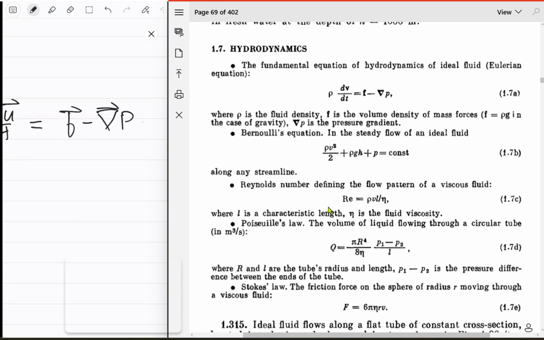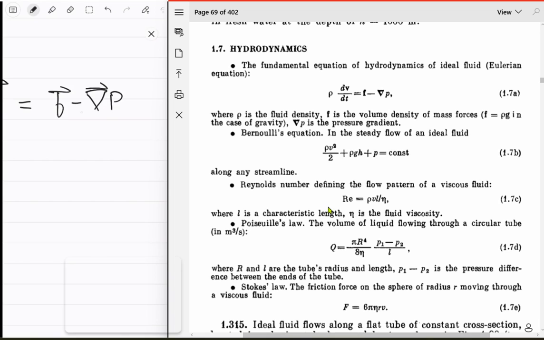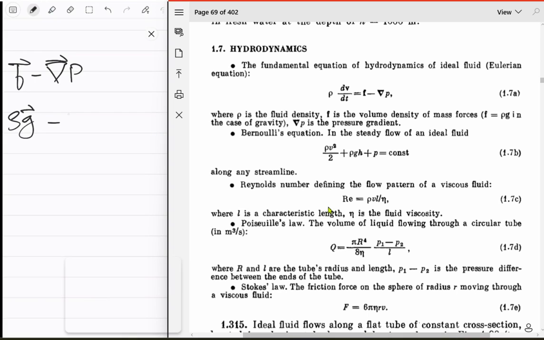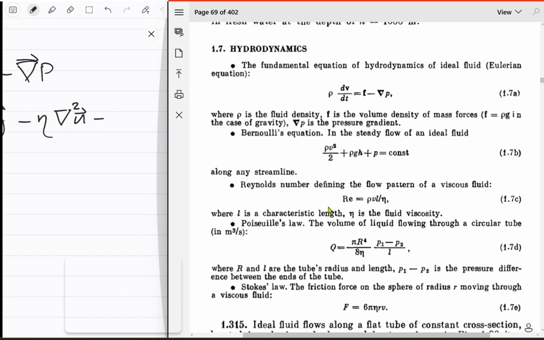But when you have viscous forces acting as well, your f vector actually contains an extra term. So there's, of course, rho g that you have to have, and there's another term that you need, which is the viscous term. So I think it was like this, eta times del squared, where eta is the coefficient of viscosity, then del squared applied on the u vector, right?